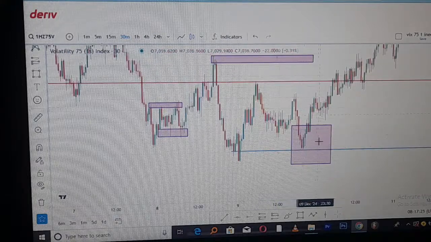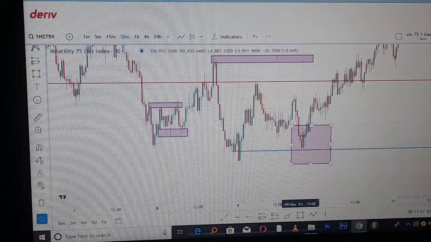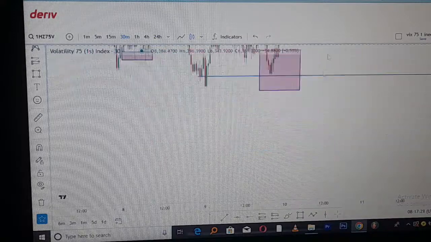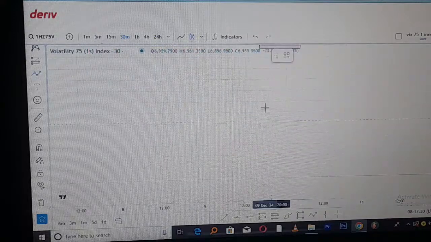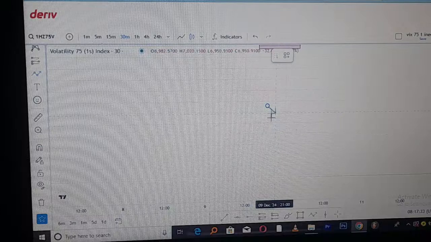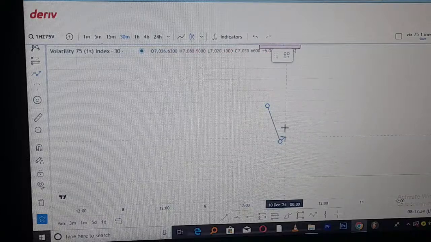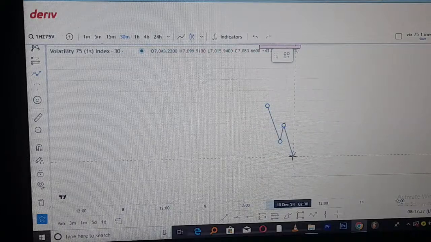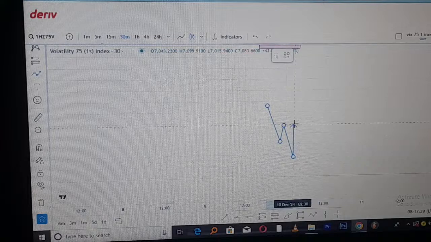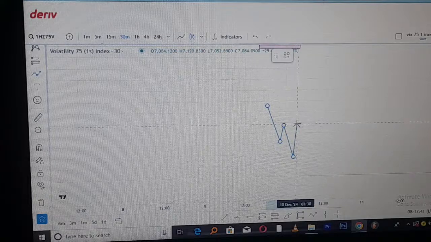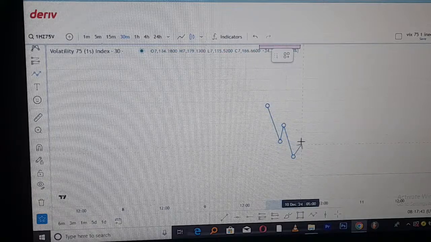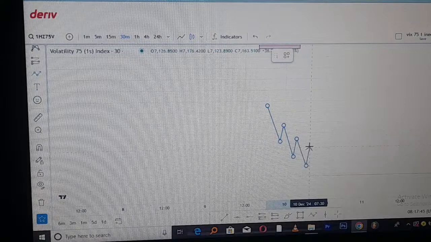So as well, what we do after hitting this area, we go to a low time frame, and then we look for something like this. We wait for the market to come and hit our killer zone. We wait, it makes a change of trend, which means this was a low trend. Are you getting the point?